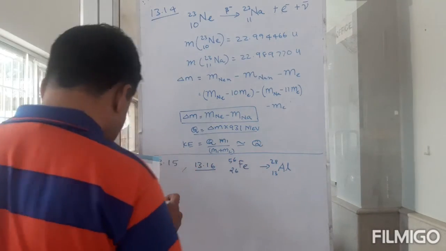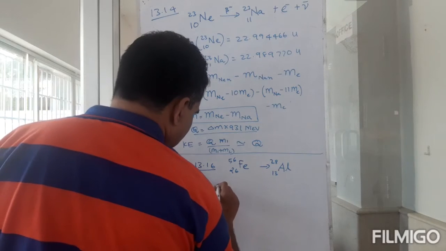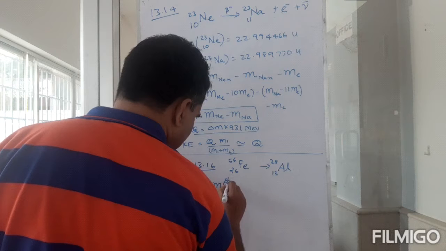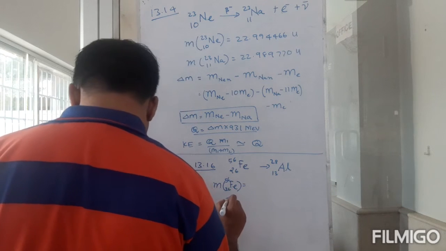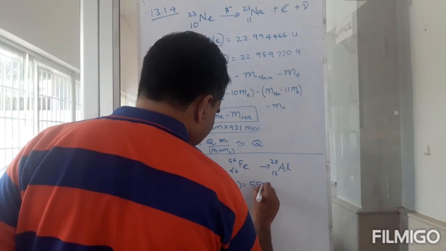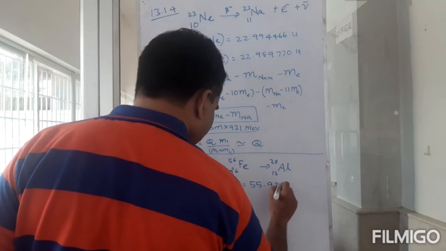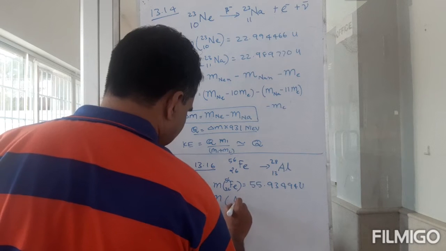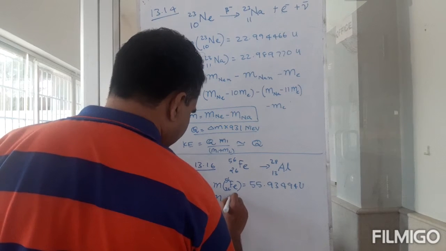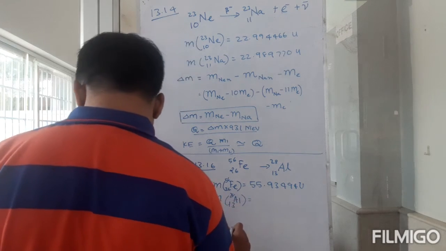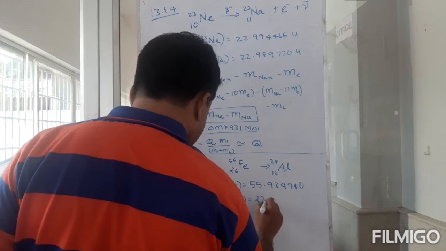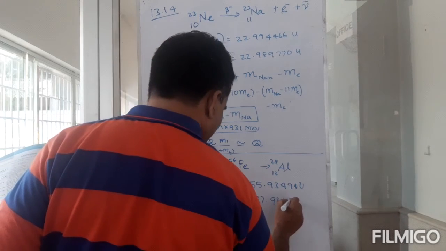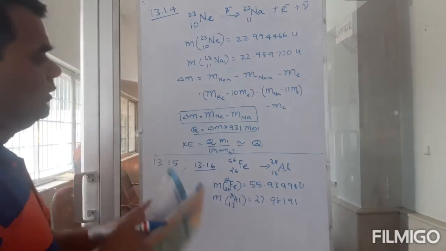What is the mass of this iron? The mass of iron-56 is given as 55.93494 atomic mass units, and the mass of aluminum-28 is equal to 27.98191.